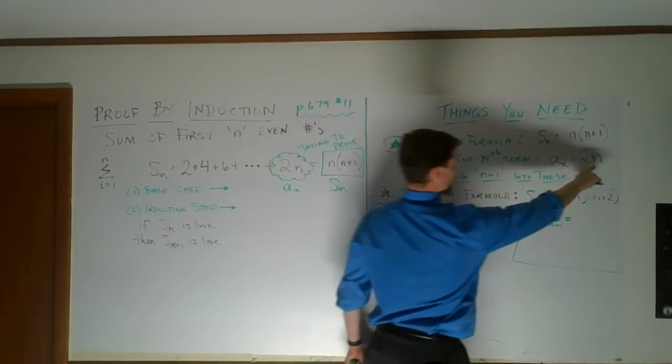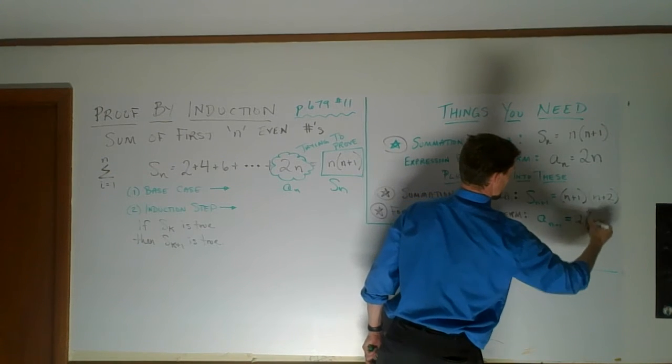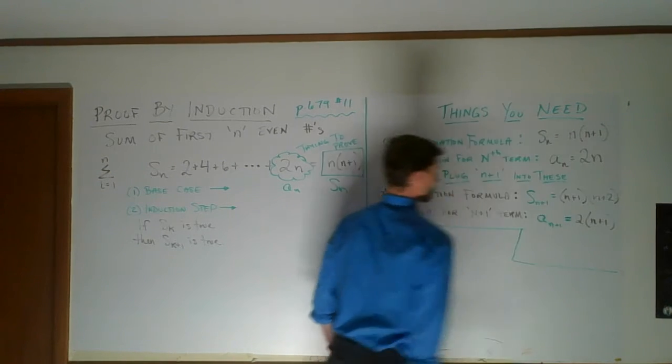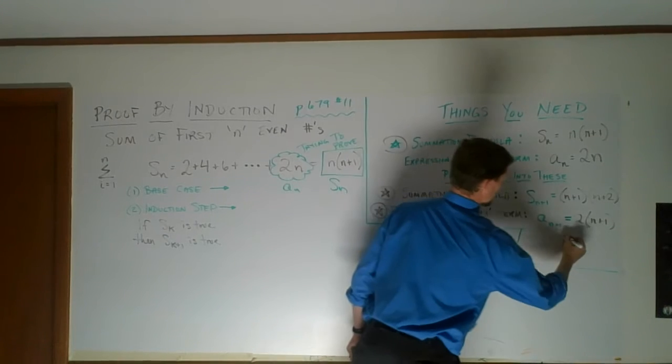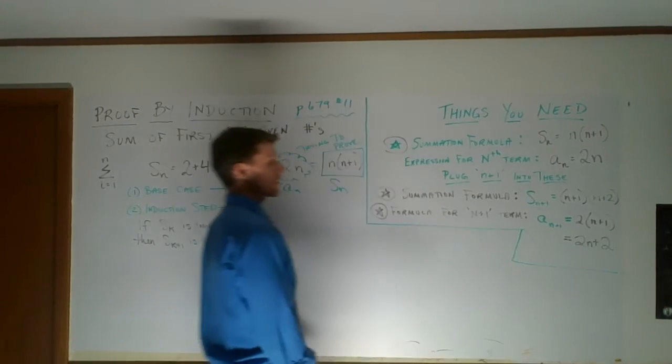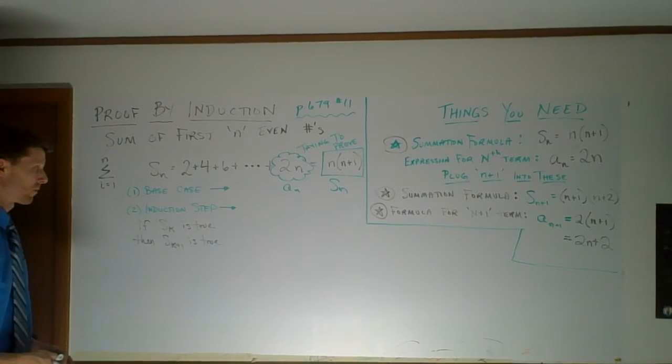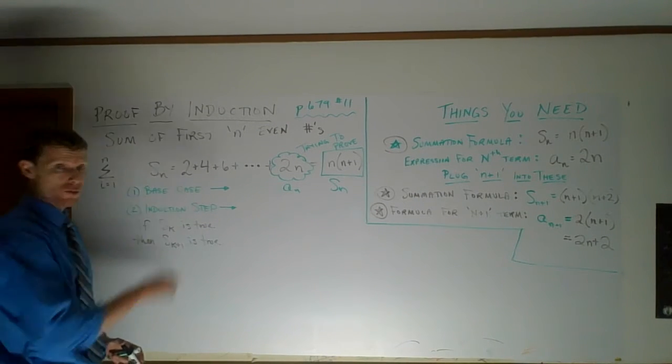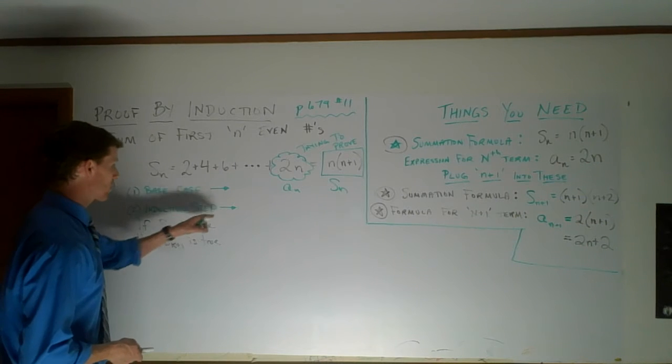When we plug in n plus 1 here, we have 2 times n plus 1. We'll see if it makes sense to have it like that, or whether to use it as 2n plus 2. So now we have all the things we need, and we can start the proof.